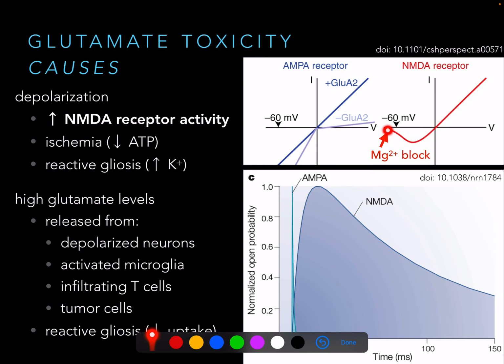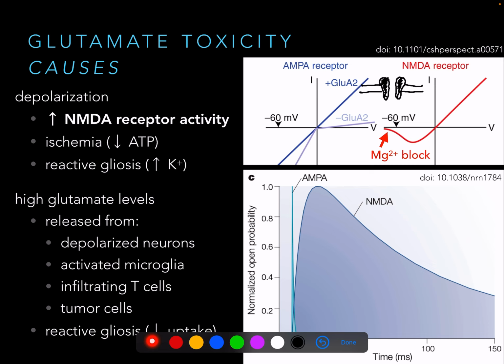Okay, same thing should happen over here, but no, we get no current through NMDA receptors at rest. And that's because they have a magnesium block in the way. All right, let's imagine an NMDA receptor. So just a couple of jelly beans that'll come together and form a pore in the membrane.